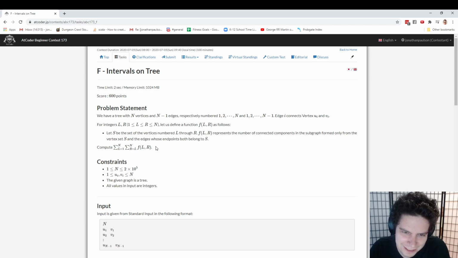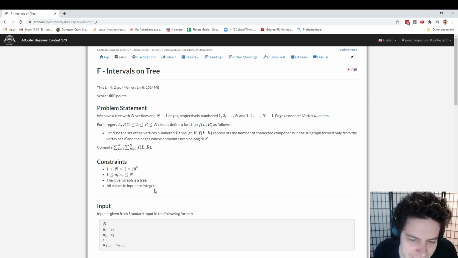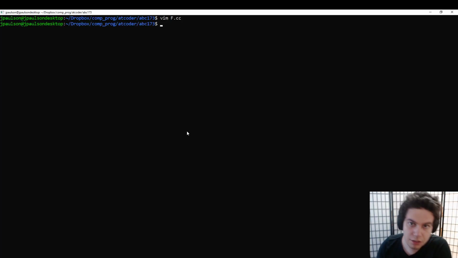The point is, the solution is way too slow, so who cares? Because n squared is still, what is this, 40 billion operations? That's too much. So let's talk about the actual solution, which is O of n.